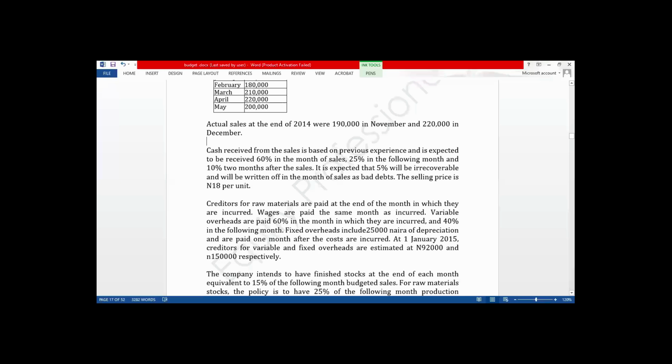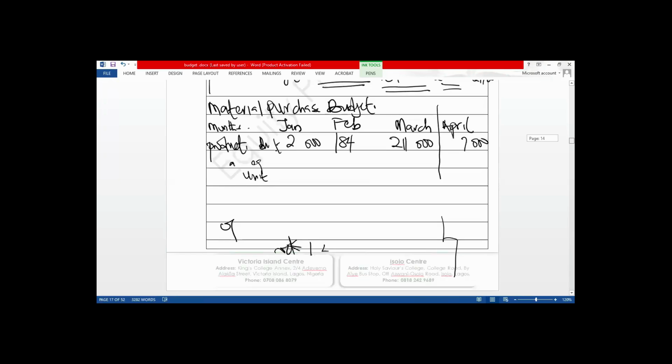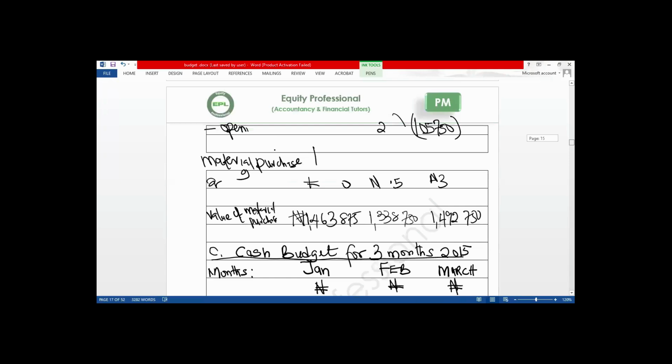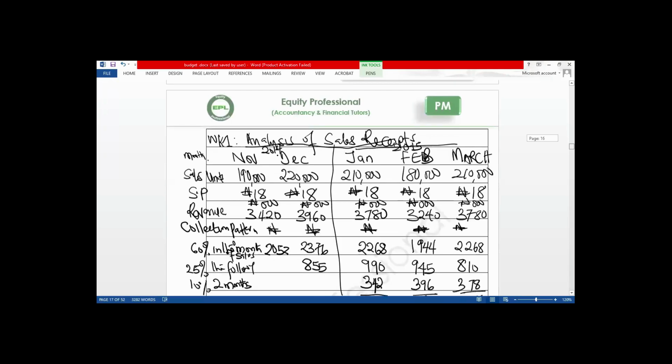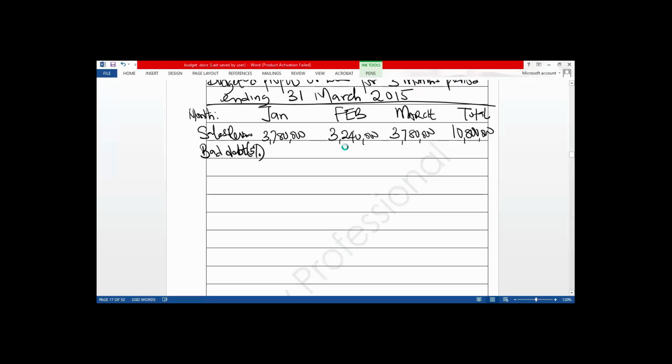How much here? 5% of 3,780,000 should give us 189,000. 5% of 3,240,000, how much? 162,000. Then 189,000.